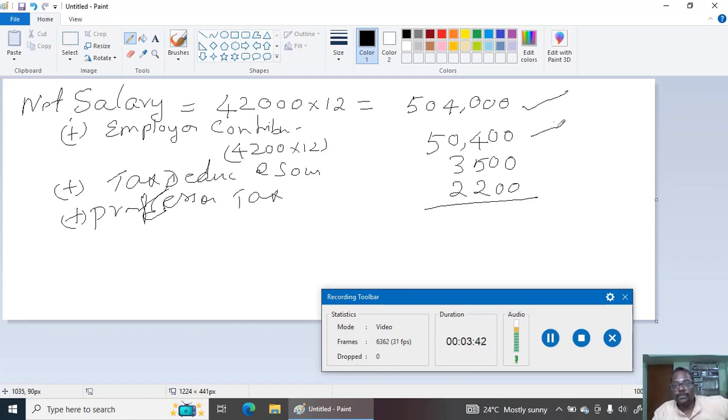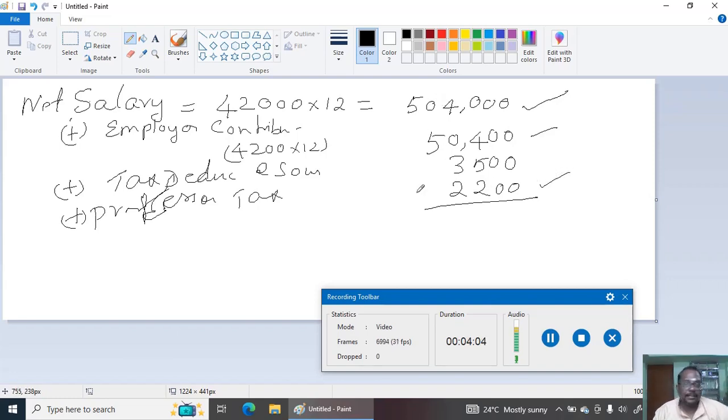The 50,400 is the contribution already deducted by the employer, so we are adding it. Next, 3,500 is the tax deducted at source, we are adding it, and there is a professional tax we need to pay, but instead the employer has paid and deducted it. So we are again adding it to the net salary.